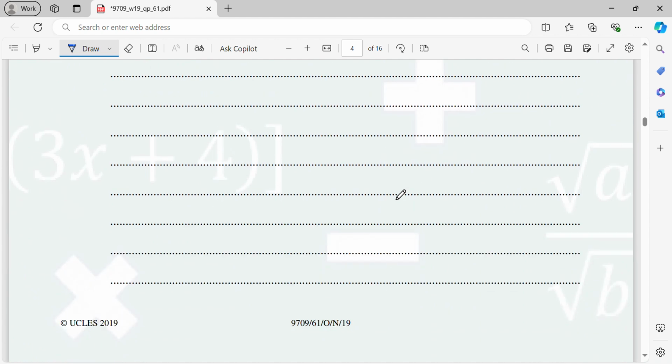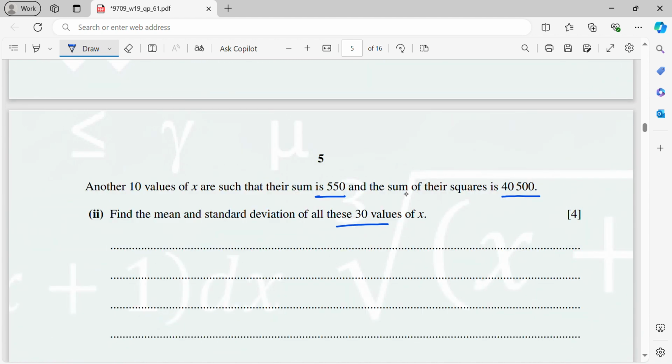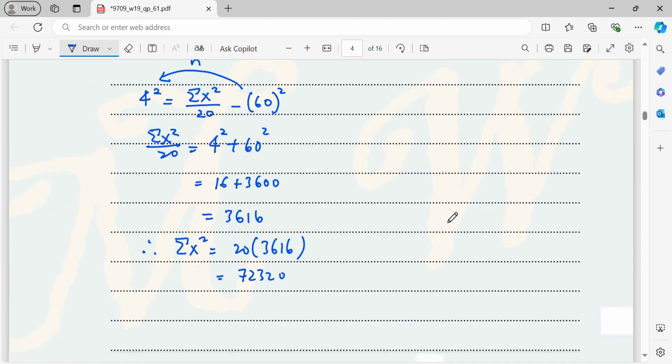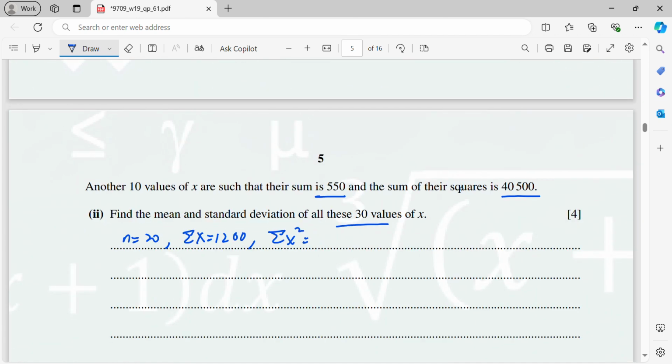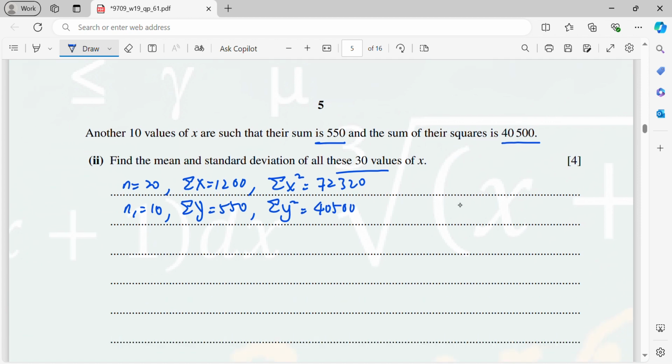Just now, when n equals 20, summation x is 1,200 and summation x squared equals 72320. Now the additional n: this is 550 and 40500. This is x, so I will just write x.